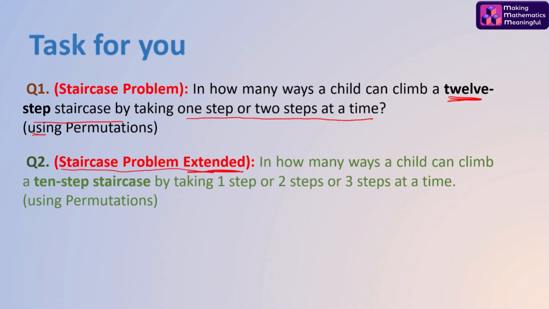In the extended version, in how many ways can a child climb a 10-step staircase by taking 1 step or 2 steps or 3 steps at a time? Again, use the concept of permutations and share your solution.